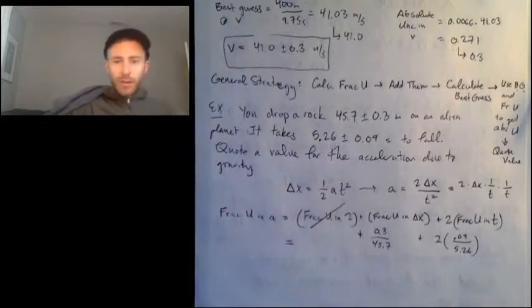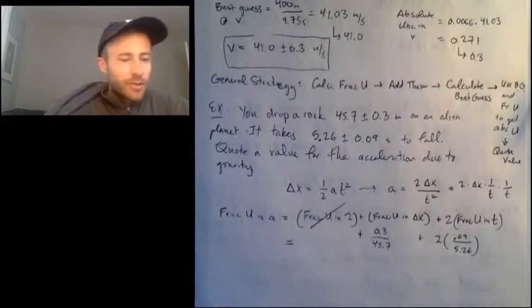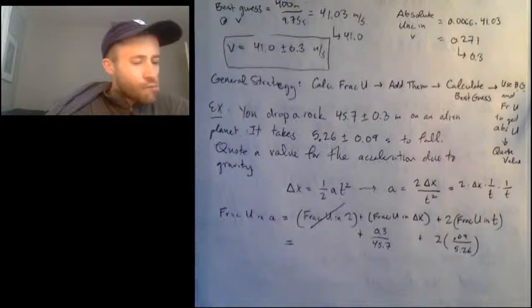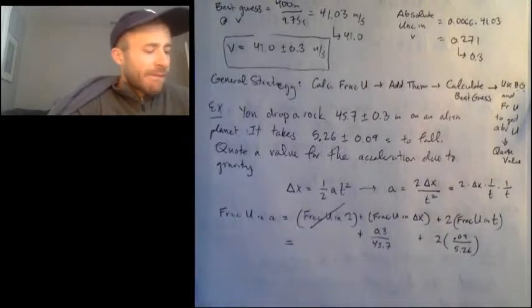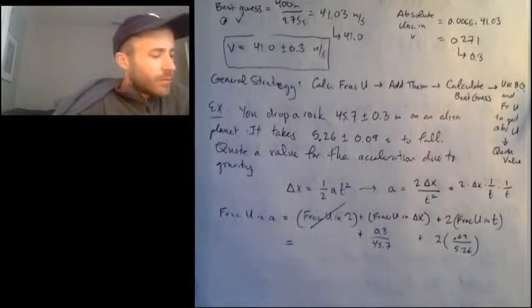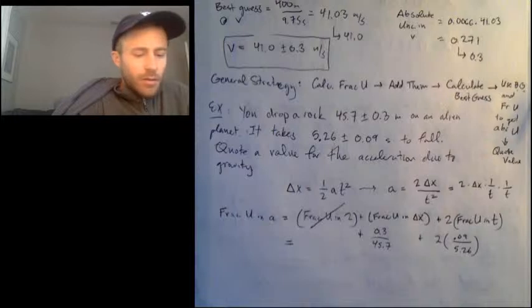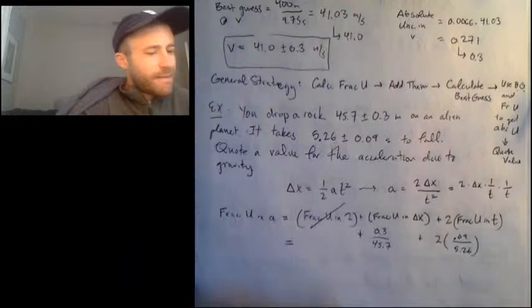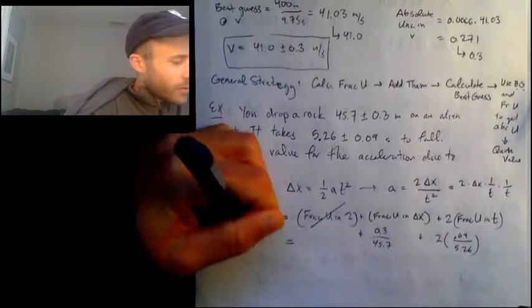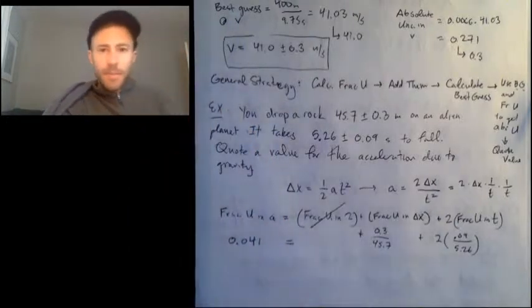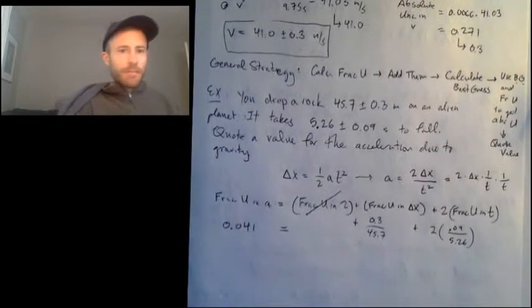So that tells me that the fractional uncertainty in acceleration is, what I get is 0.041. Okay, so I got my fractional uncertainty.